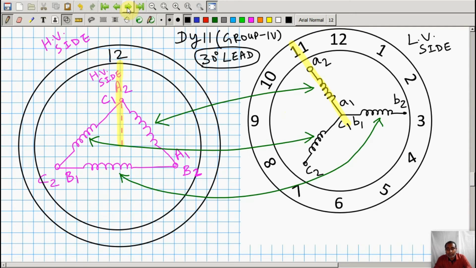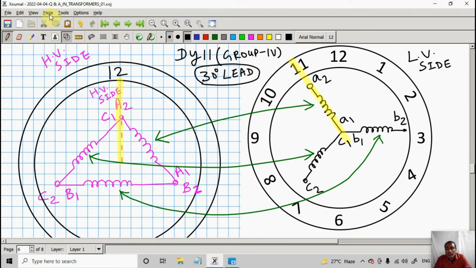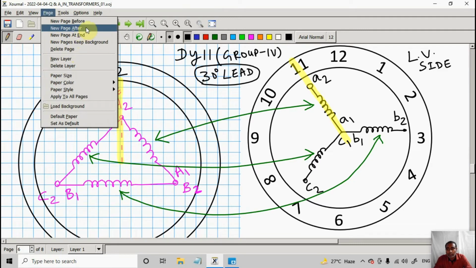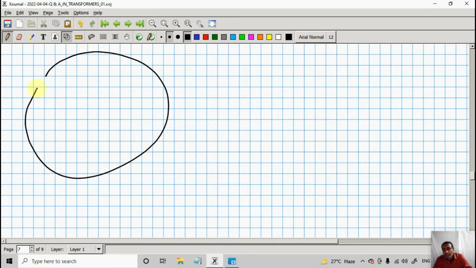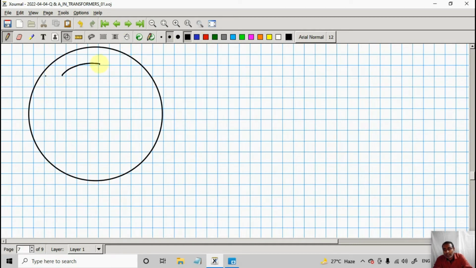Now let us demonstrate whether actually it is 30 degree lead or not. For doing that, we will draw that thing again quickly. Let me draw it, that will be easier, because it is some sort of recap.